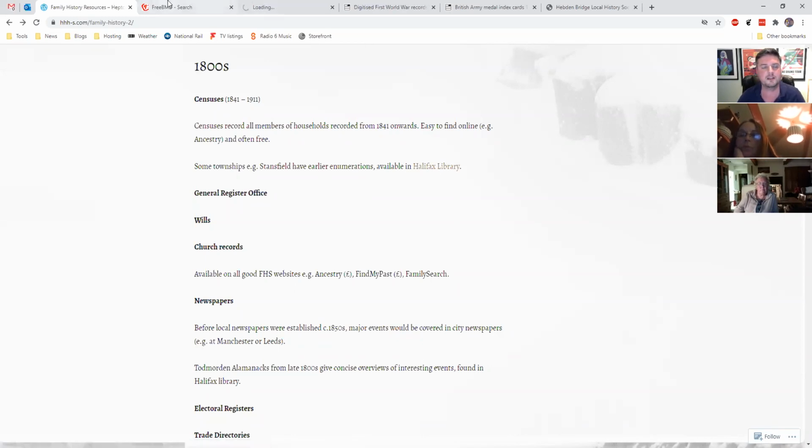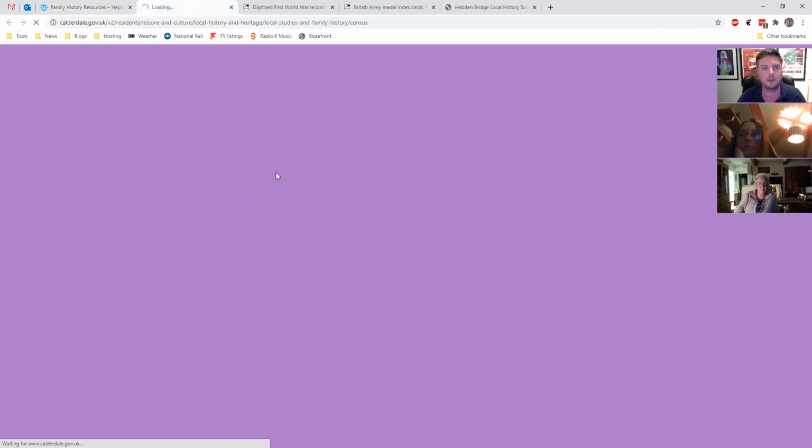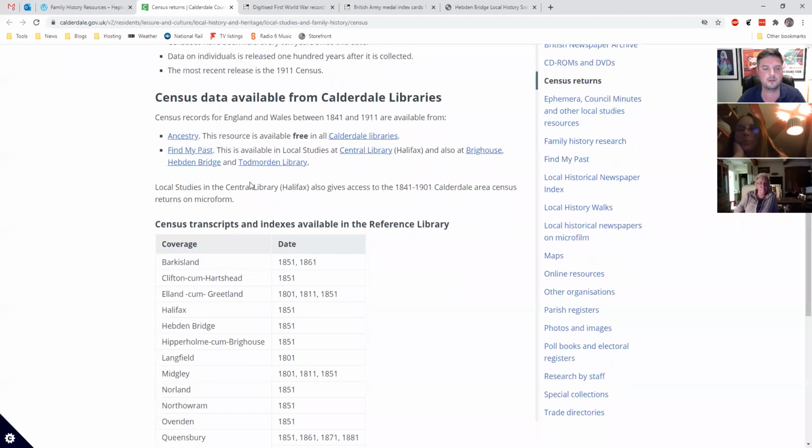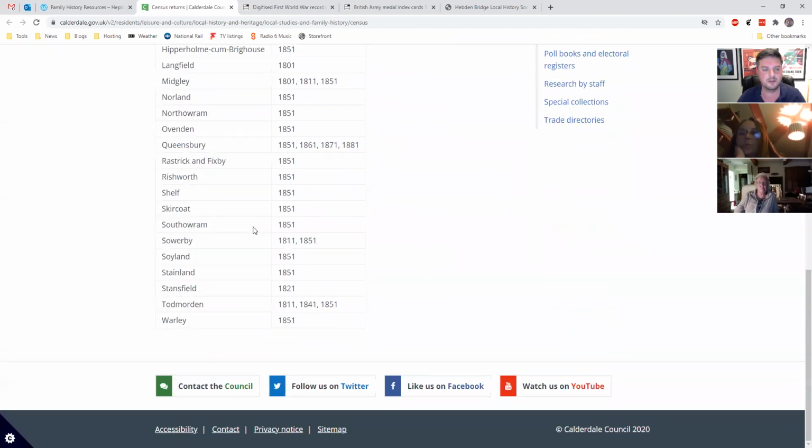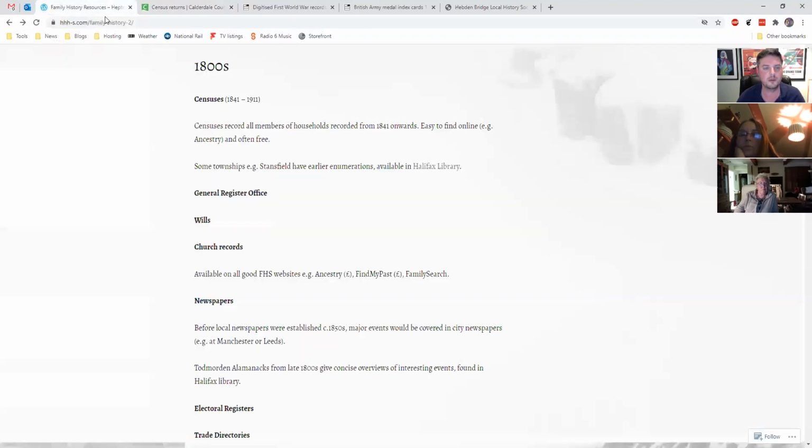If you look on the Halifax Library website, you'll see they have some later censuses, but then you'll notice, for example, Todmorden has an 1811 census that lists the head of household in Stansfield Township as well, 1821. And again, censuses are useful because they give you people's ages. But from 1851, they give relationships.